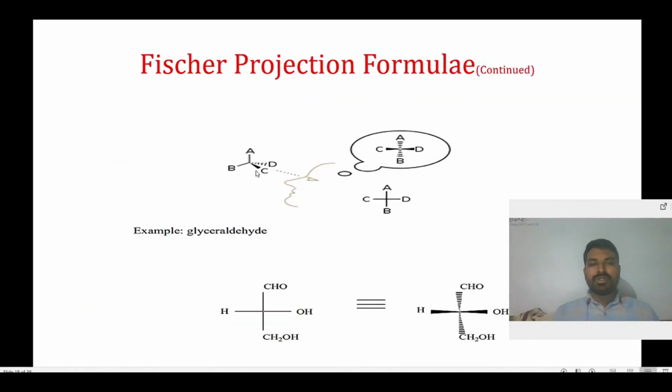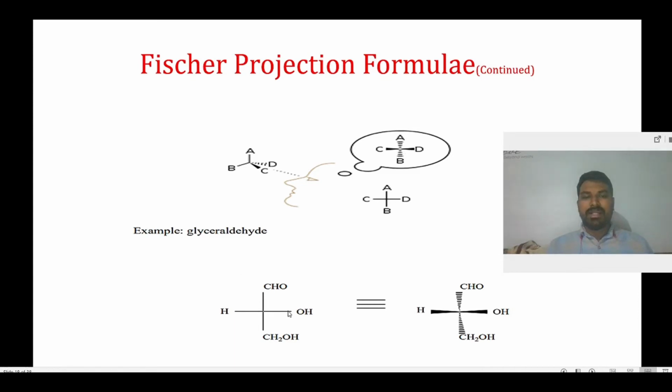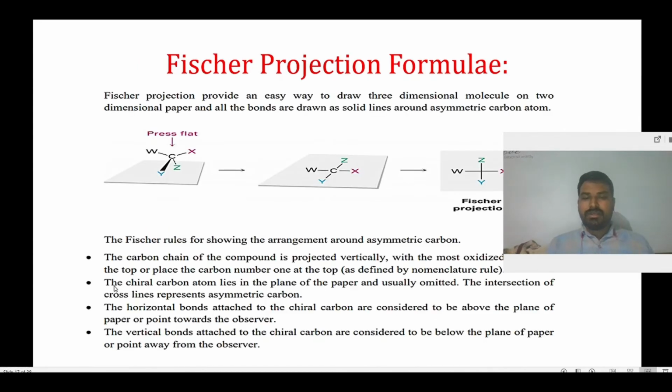A Fischer projection, see over here, the observer is over here. Now imagine the molecule. The horizontal lines are towards the observer and the vertical lines are away from it. Now this is the molecule glyceraldehyde, I have given the example over here.